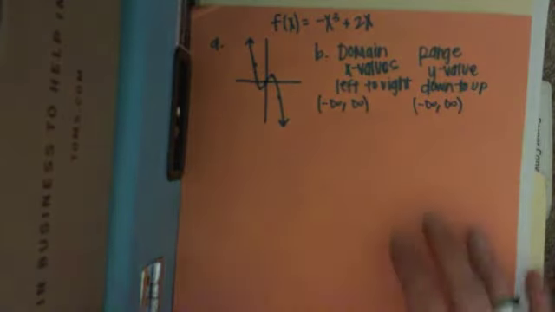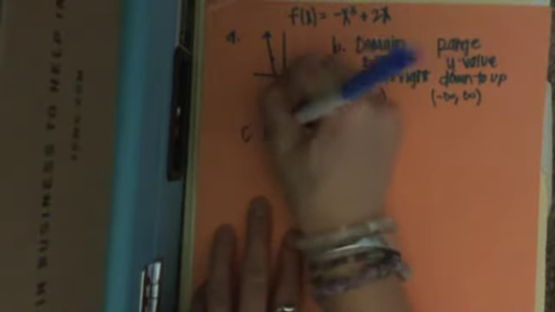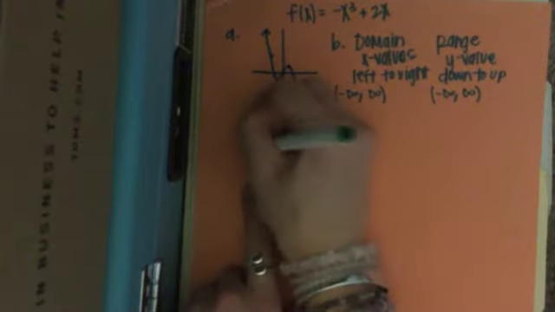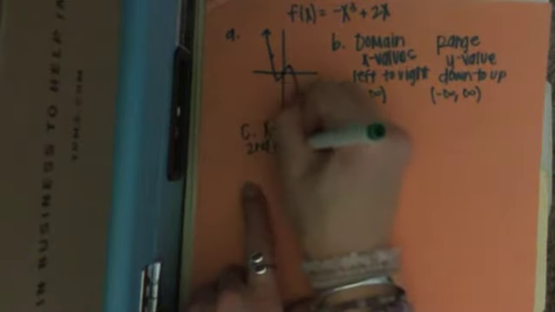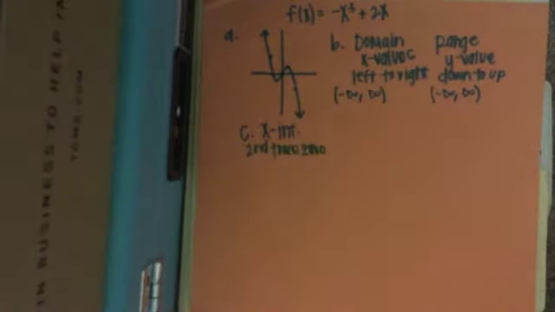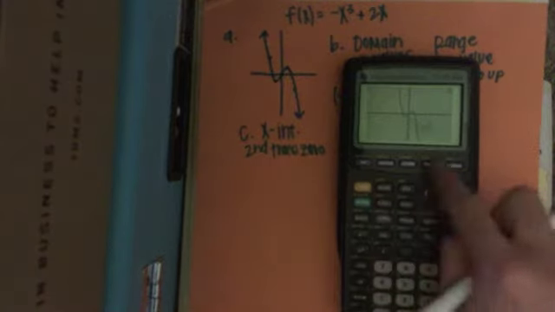Okay. Intercepts. This is where we need our calculators. So intercepts, we have x-intercepts. That is where it crosses the x-axis. Let's use a different color for this. So this is going to be second, in your calculator, trace 0. If we pull out our calculator here, we're going to go second trace and then 0.